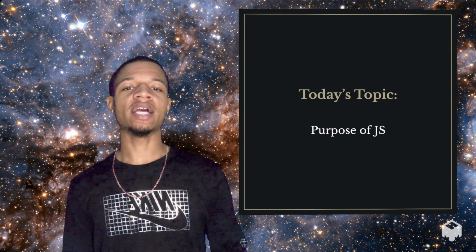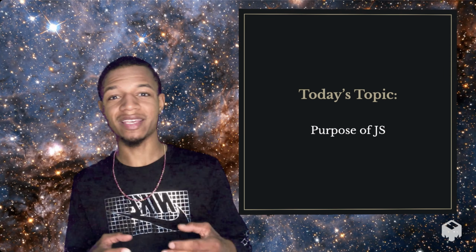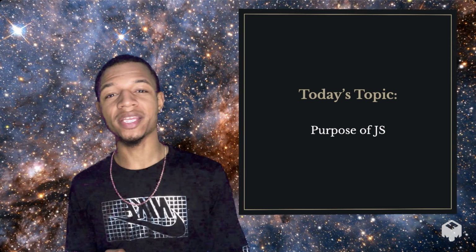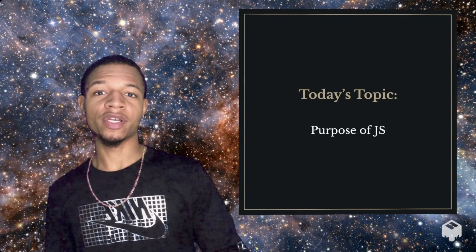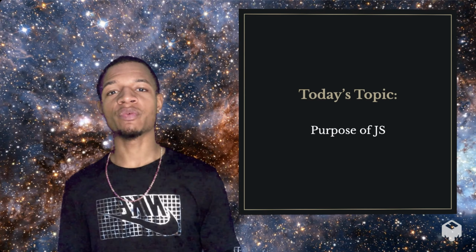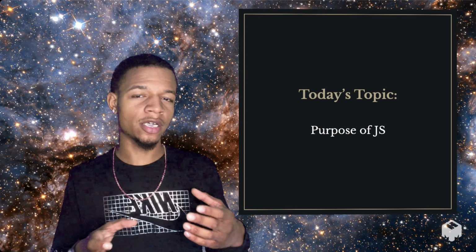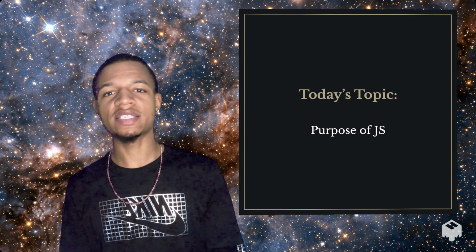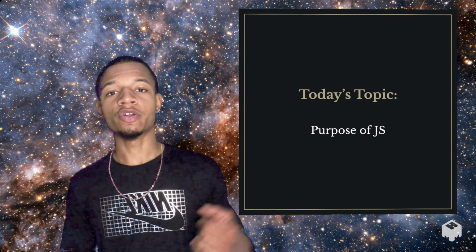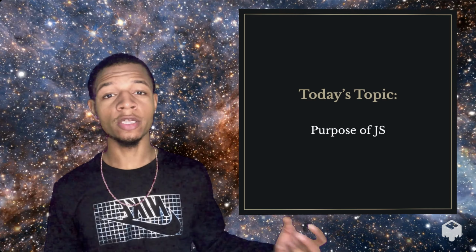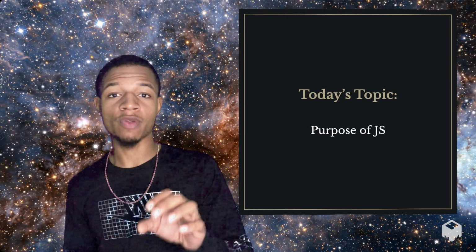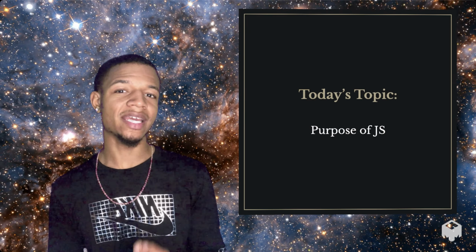JavaScript really gives us brains, if you will, on the front end. It tells the front end that when a user clicks on, let's say, an element, to create a new element on the fly and show that right away. That is called a dynamic element.